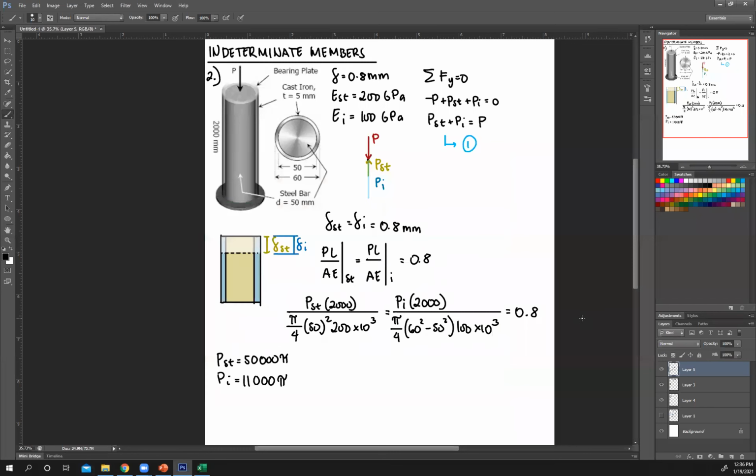Okay. Now, I have PI, I have PST. Again, our goal is to solve for P. So using equation 1, P equals PST plus PI. PST is 50,000 pi plus 11,000 pi.